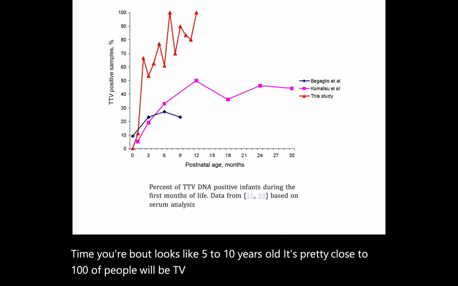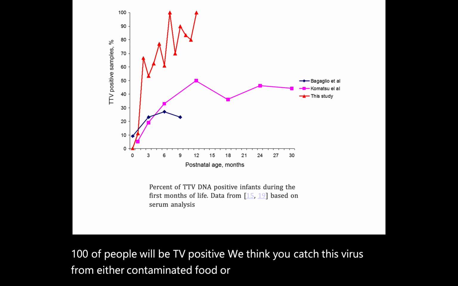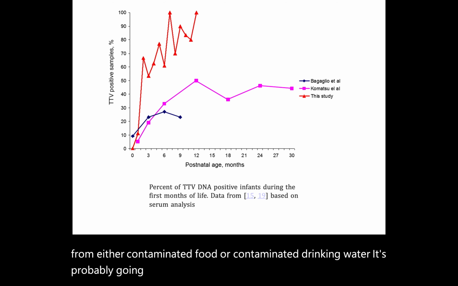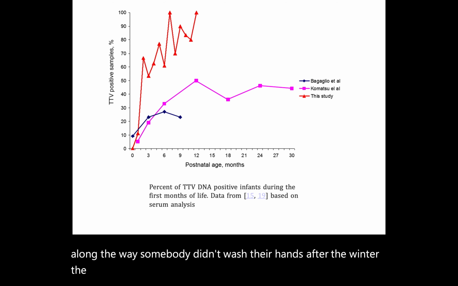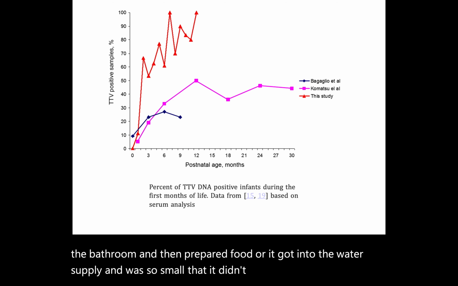We think you catch this virus from either contaminated food or contaminated drinking water. It's probably going to be fecal to oral contamination, so somewhere along the way somebody didn't wash their hands after they went to the bathroom and then prepared food, or it got into the water supply and was so small that it didn't get filtered out and went over.